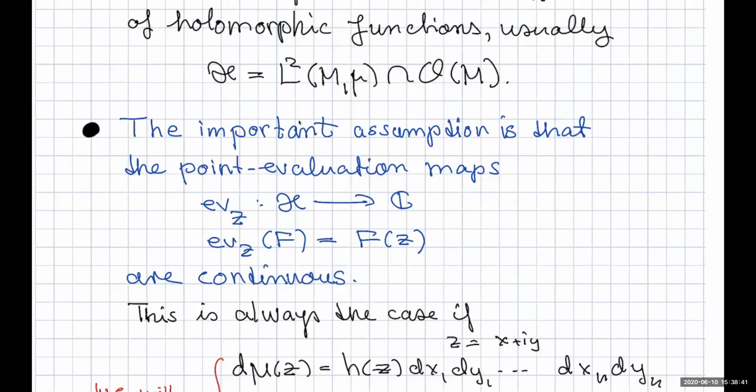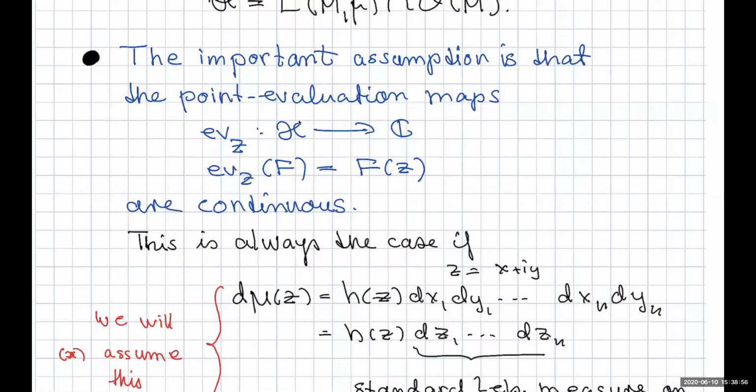Okay, but if you have a space of continuous functions, then you can always ask if this is a continuous functional. And the good thing with this is, I should say also, this is a condition that is made a lot of times.